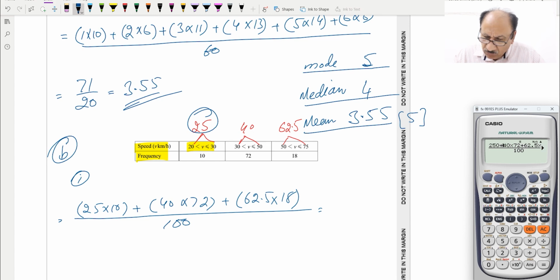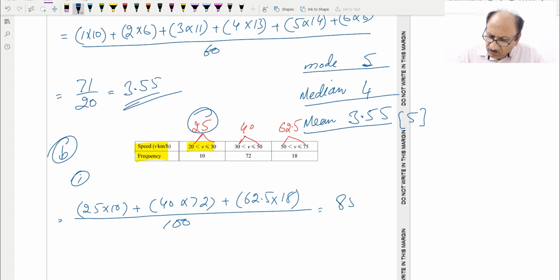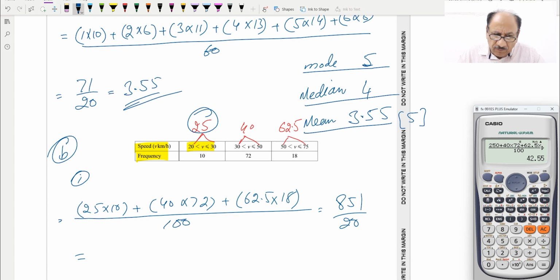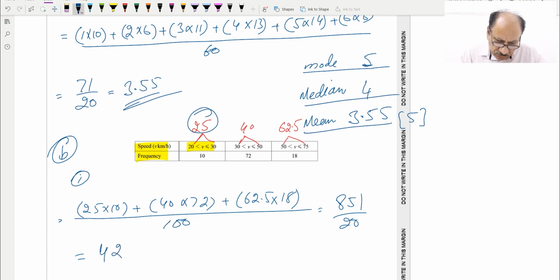250 plus 40 into 72 plus 62.5 into 18 divided by 100 is equal to 851 over 20, and the decimal value we can check. The decimal value will be 42.55.